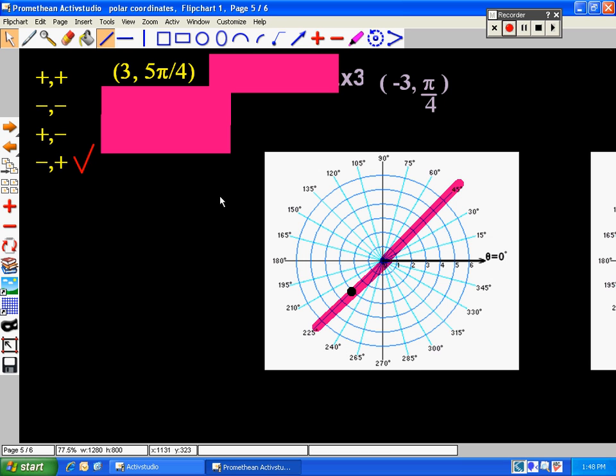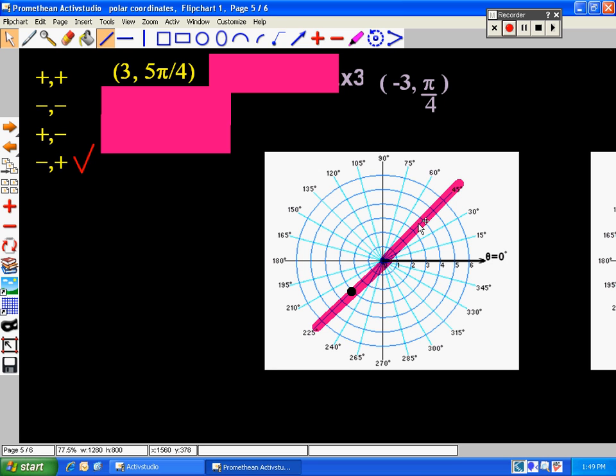Now the negative. We do the angle first. Start going in the negative direction. We know it's something pi over 4, so what pi over 4 is this in the negative direction? If I went all the way to negative 180, that would be negative 4 over 4. Back up 1, negative 3 pi over 4. But we would do that if it was positive r. But we want a negative r. That means we want to go all the way over here. So what pi over 4 is all the way on the opposite side? Negative 7 pi over 4.